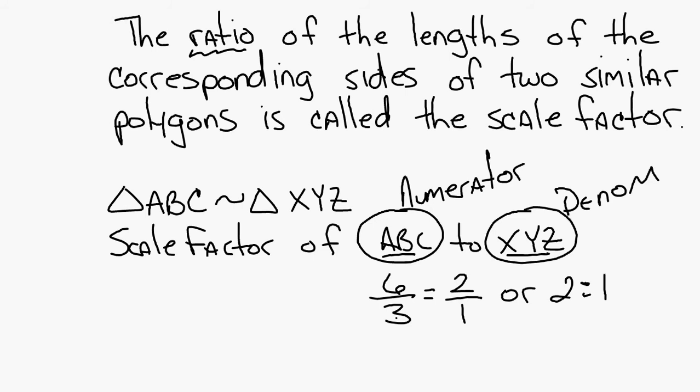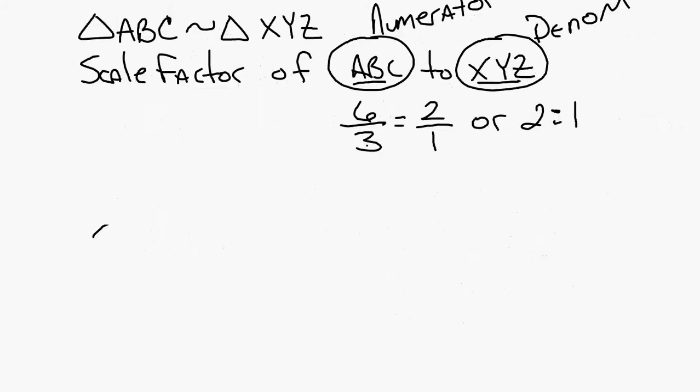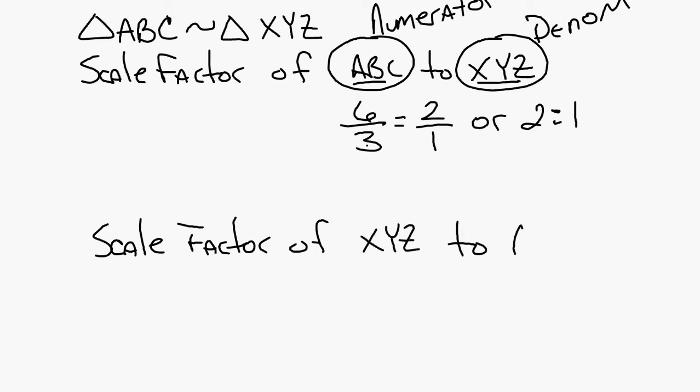They also ask you for the scale factor of XYZ to ABC. Understand this difference. When they change the order of the vertices of the triangle, now the side from XYZ needs to go in the numerator. The XY side that was 3 goes in the numerator, and the AB side from the second triangle goes in the denominator.